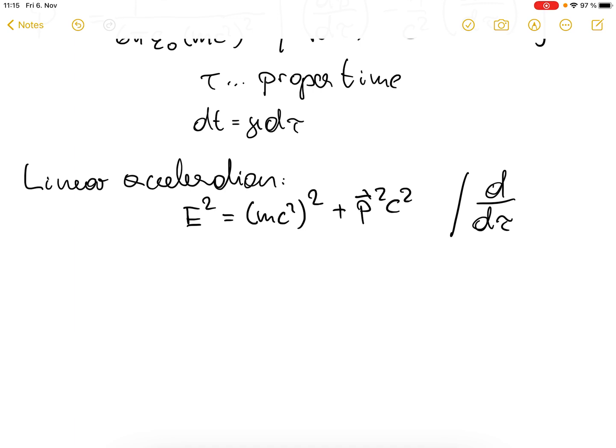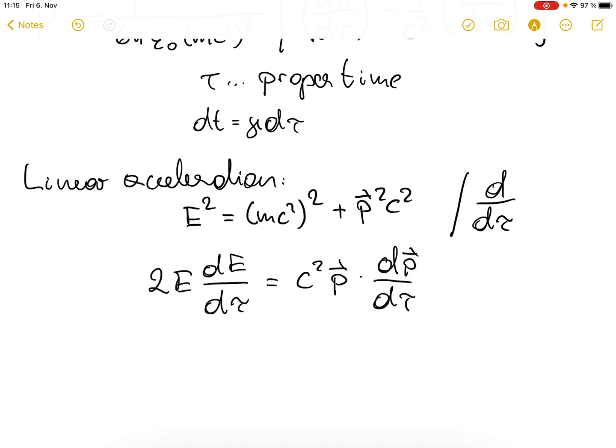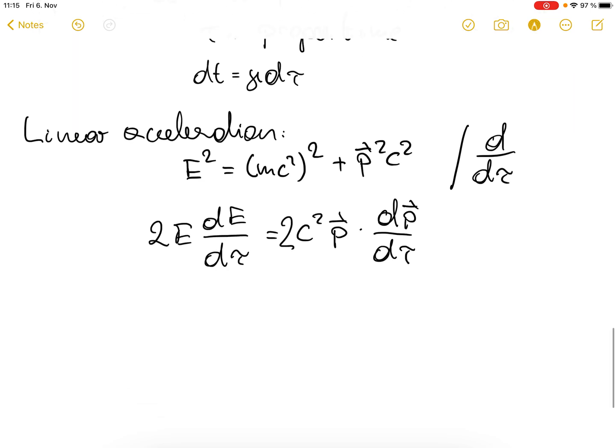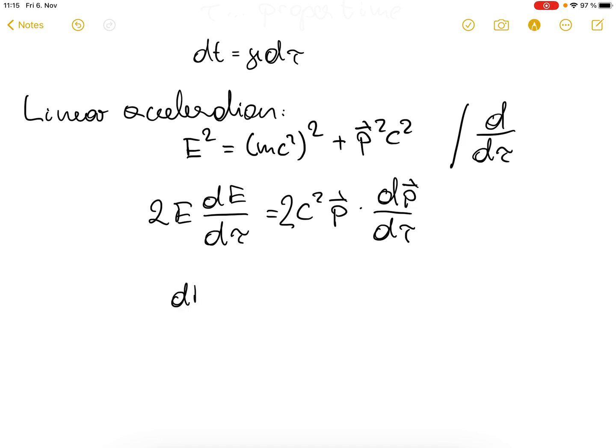I find 2 times E dE d tau equals 2 c squared p dp d tau. Bringing everything on the same side, we can compute dE d tau equals c squared p over E times dp d tau. So that's one important relation.